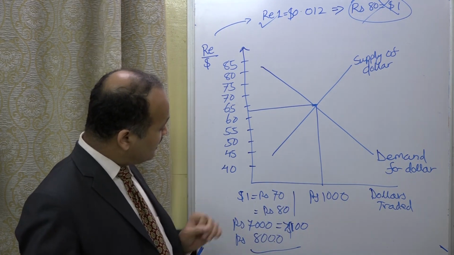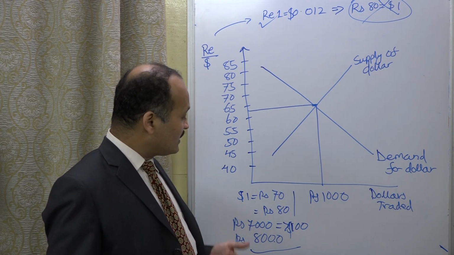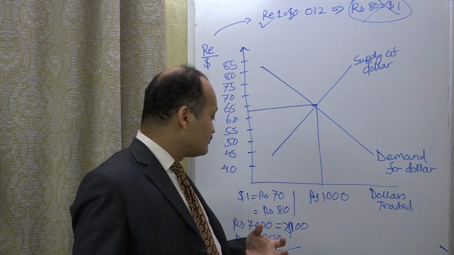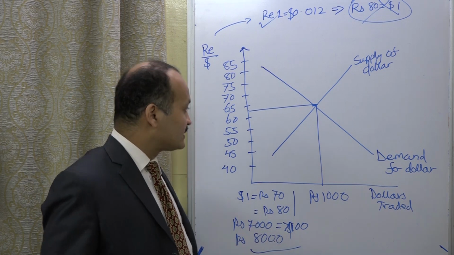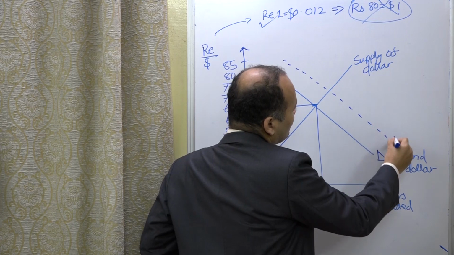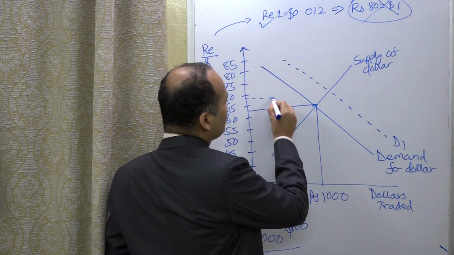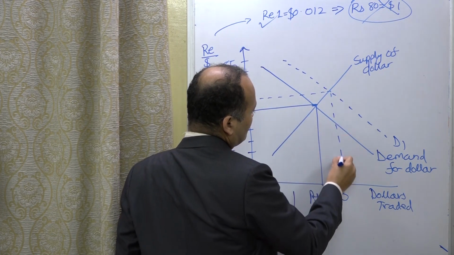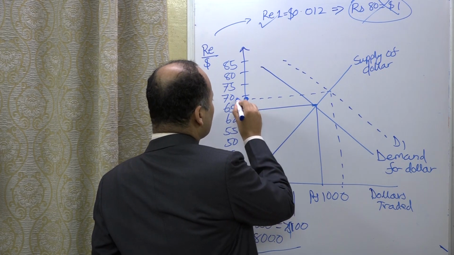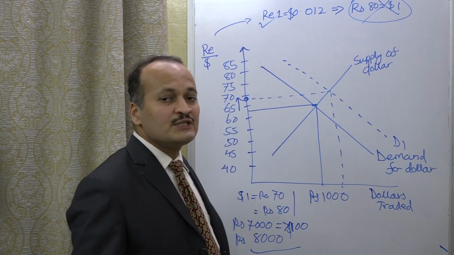So the short point is, when the speculators expect the rupee to depreciate, they will demand more dollars. That means they will try to convert the rupees into dollars. So the demand curve for dollar shifts to the right. That leads to a depreciation of the currency, say from 64 or 63 to say 68.